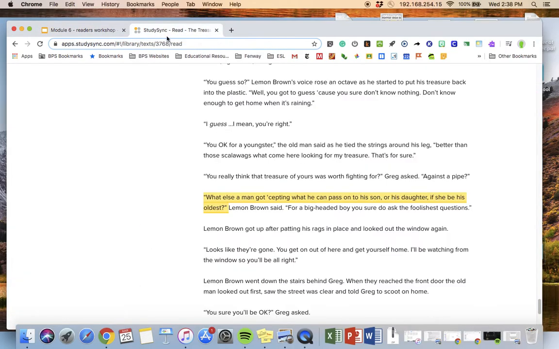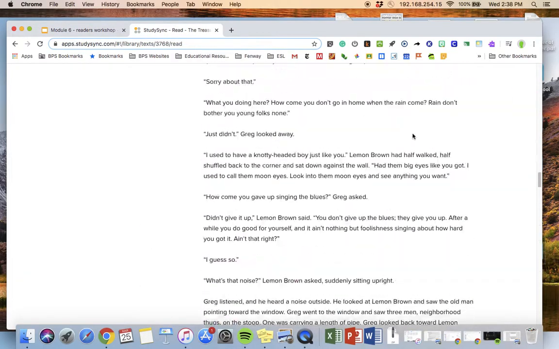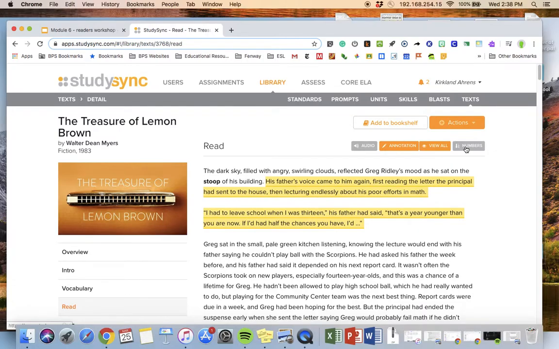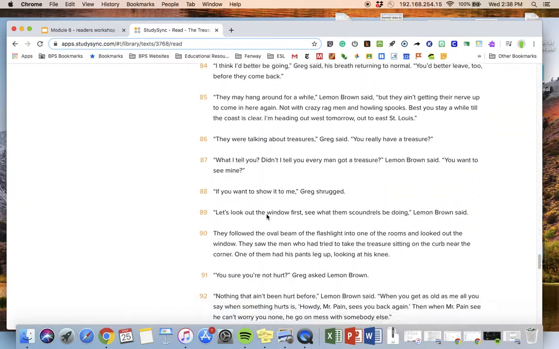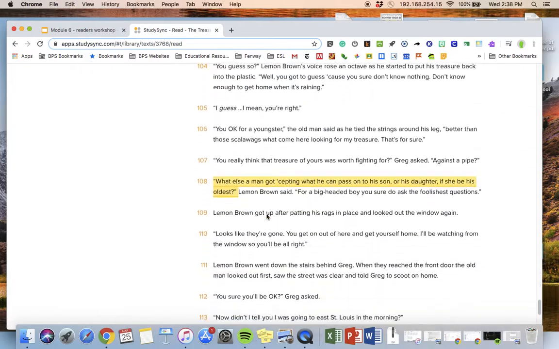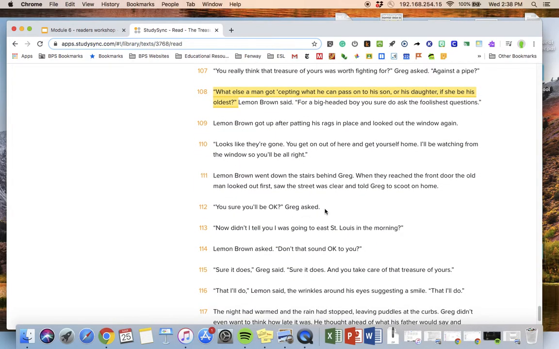So let's go to the text here. Let me put the numbers on. So I went through and I highlighted two parts that I want to show you today.